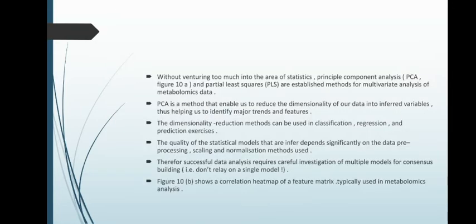Principal component analysis is a method that enables us to reduce the dimensionality and to identify major trends and features, and it is also helpful to classify and to predict.